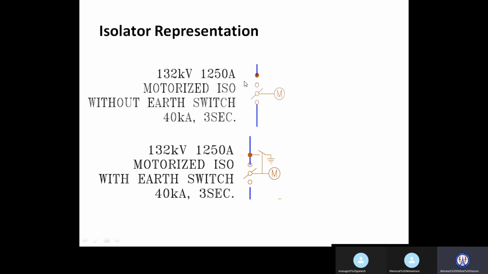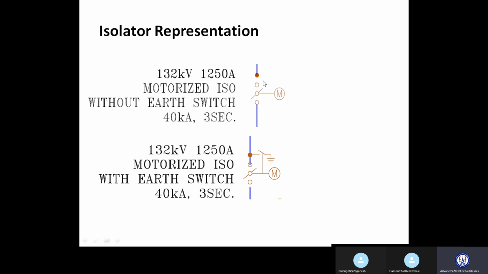In a motorized isolator, you open the blades from a control room with the help of a signal and a motor. We use the manual type up to an 11 kV system, and above 11 kV we use the motorized type.